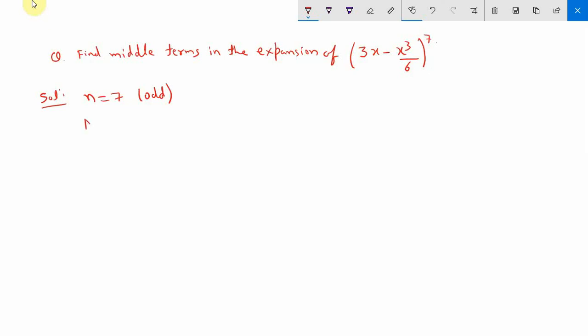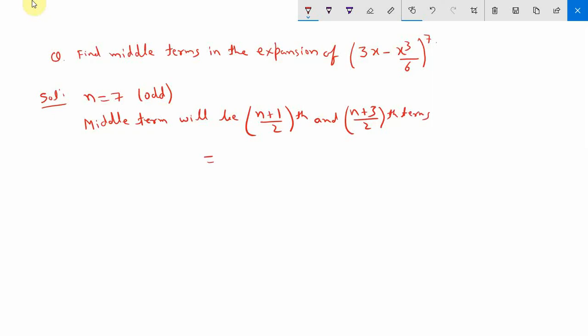So the middle terms will be the (n plus 1) by 2th term and the (n plus 3) by 2th term. Here n is 7, so 7 plus 1 by 2, so the fourth and fifth terms. These two terms will be the middle terms.